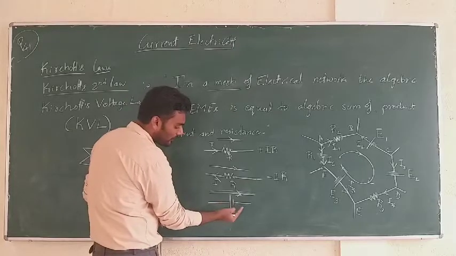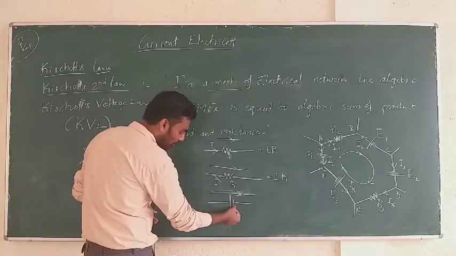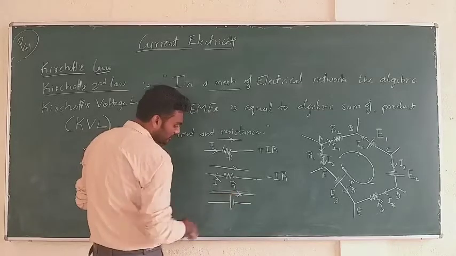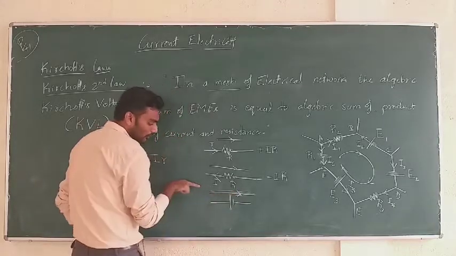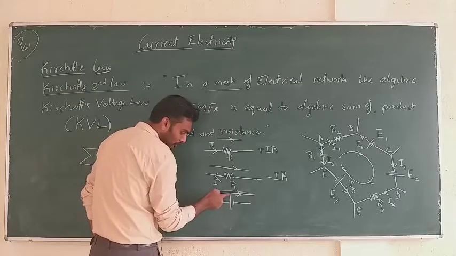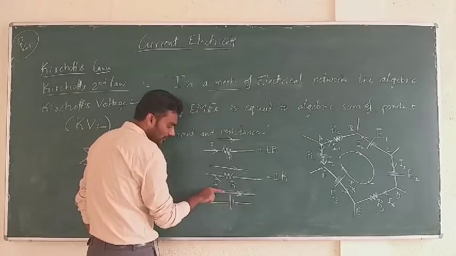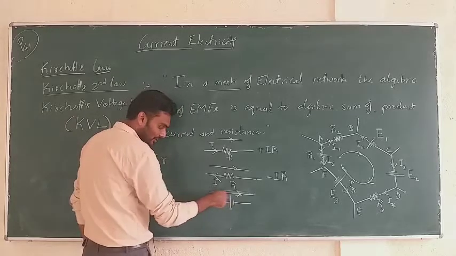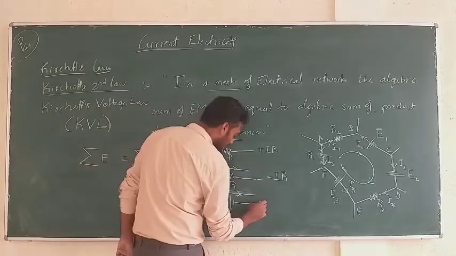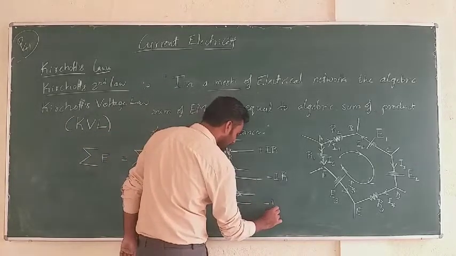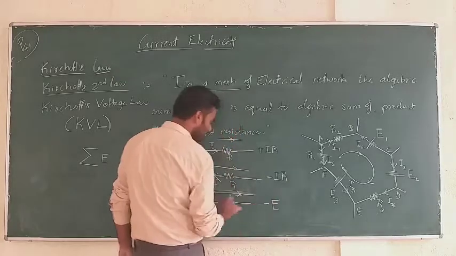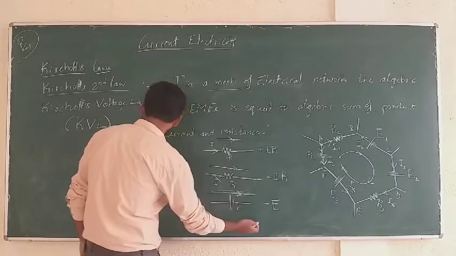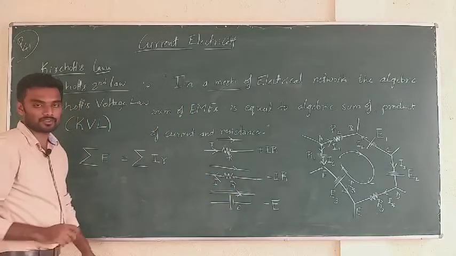The smaller line is the negative terminal of the cell, and the bigger one is the positive terminal. So when you get the positive terminal first and then the negative terminal, the EMF should be considered as negative. So the EMF of this cell should be considered as negative and put into the equation.